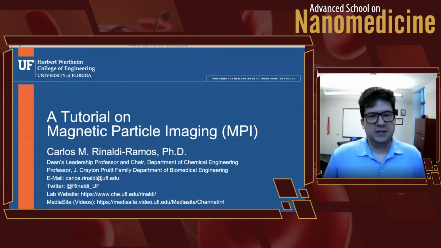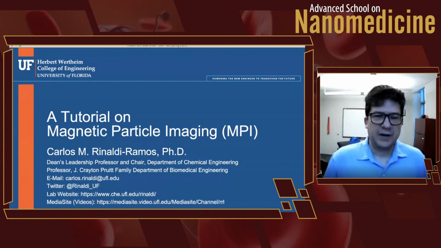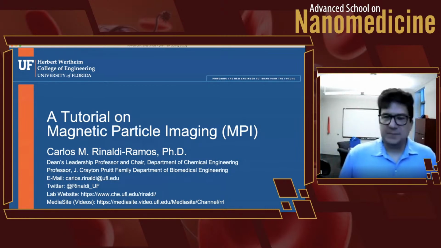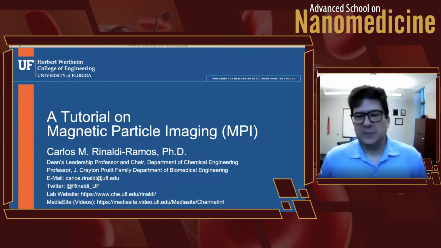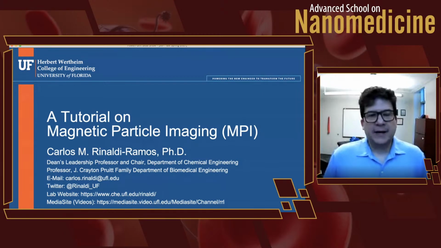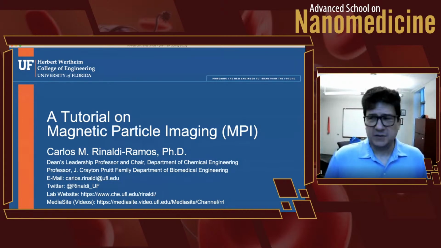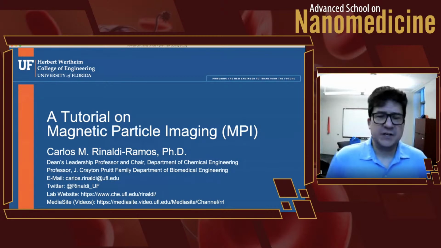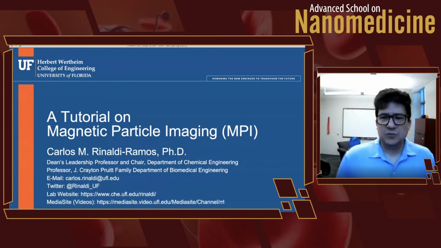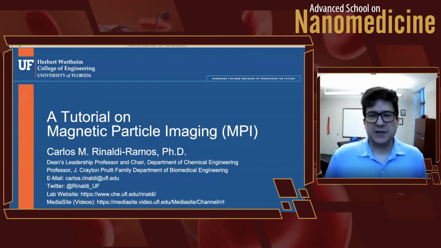But basically, yesterday I provided some background on why iron oxide nanoparticles are interesting in biomedical applications. I provided some background on the history and development of MPI and some of the applications that have been published. Then we talked about the physics of MPI signal generation and how that relates to models of particle dynamic magnetization and particle properties.